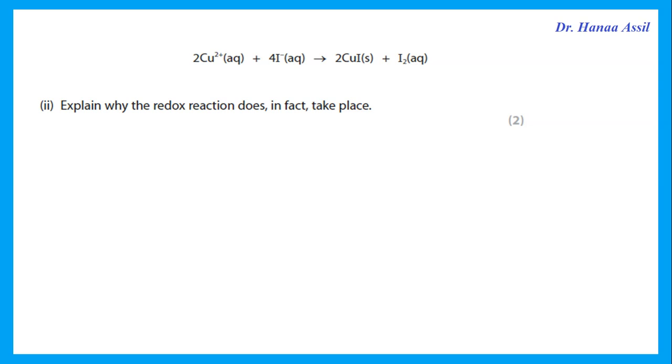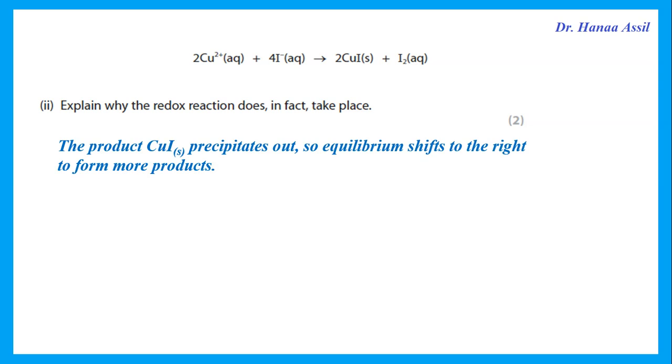In fact, this reaction takes place even though the E naught of the cell is negative. Why? If you notice, one of the products is a precipitate. As it forms copper(I) iodide, this comes out of solution as a precipitate.